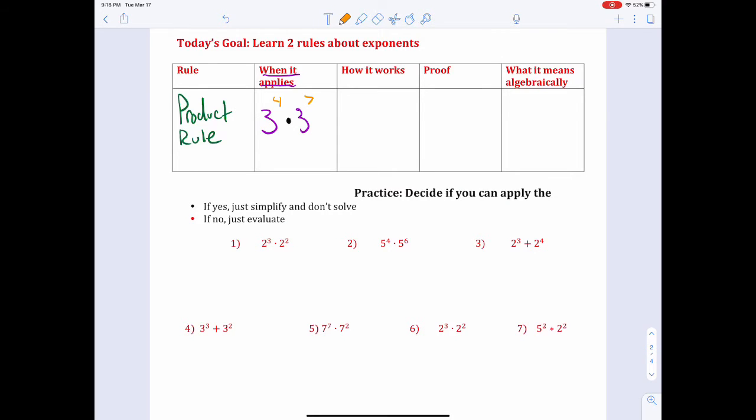So if you ever have these bases, if you remember yesterday, these are called bases. Whenever you have bases that are the same, you can use this rule.